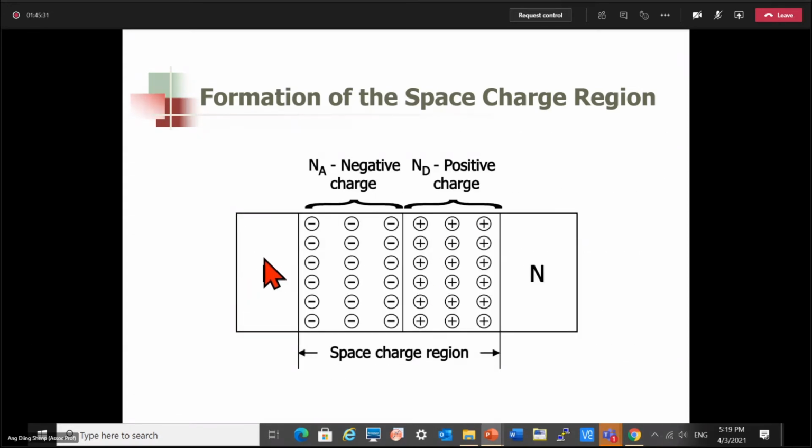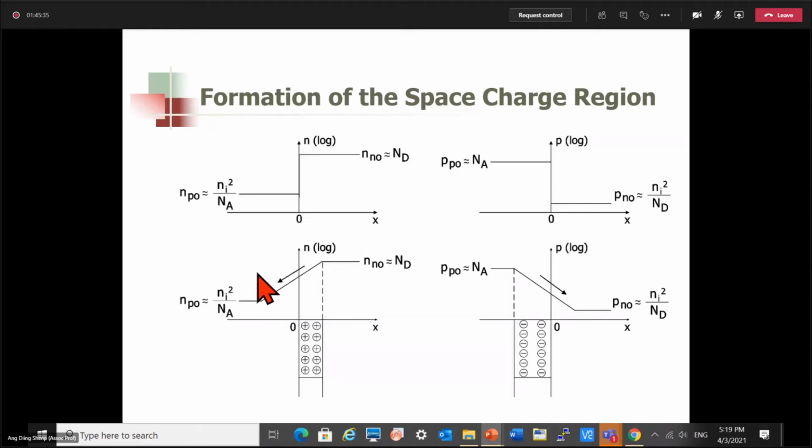No, like the previous diagram, where the diffusion goes towards the right. To the right here. Why do we not need to care?